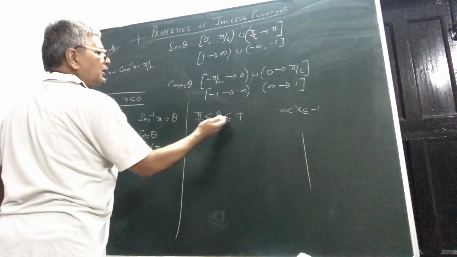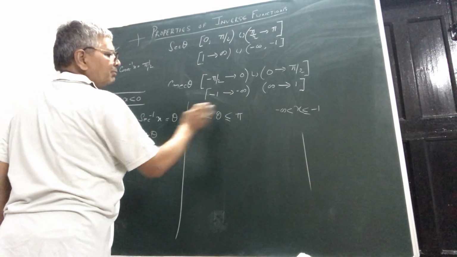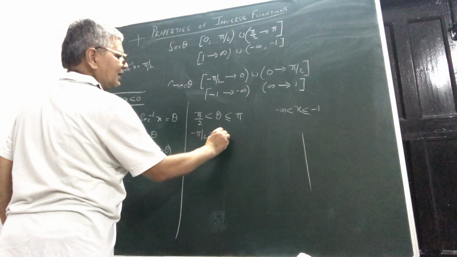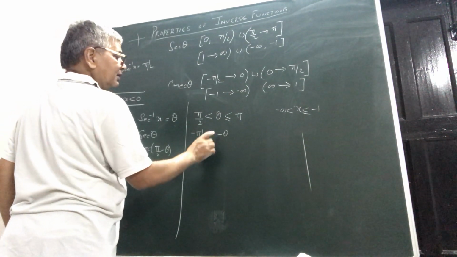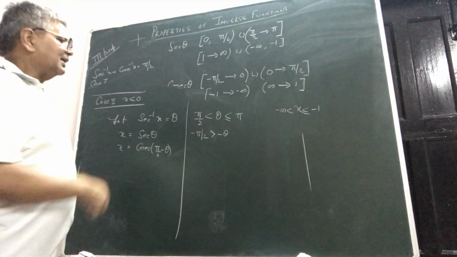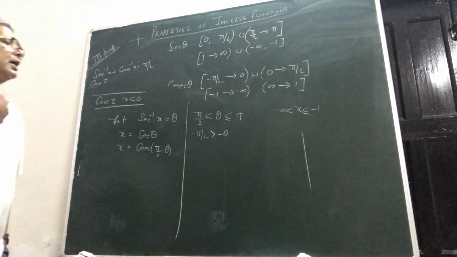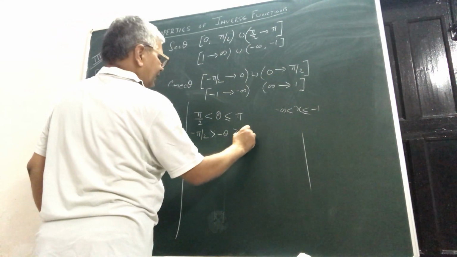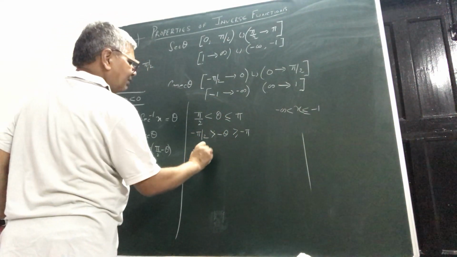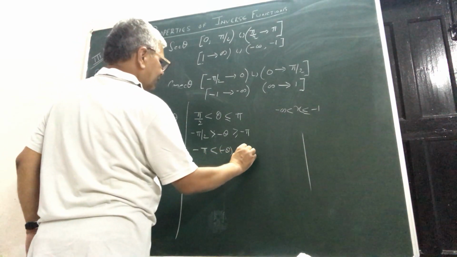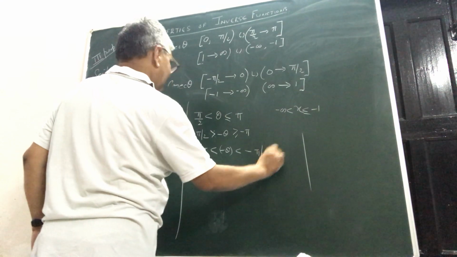When you multiply with a negative sign, the sign of inequality reverses. So minus pi by 2 is greater than minus theta, which is greater than minus pi. So minus pi is less than minus theta is less than minus pi by 2.